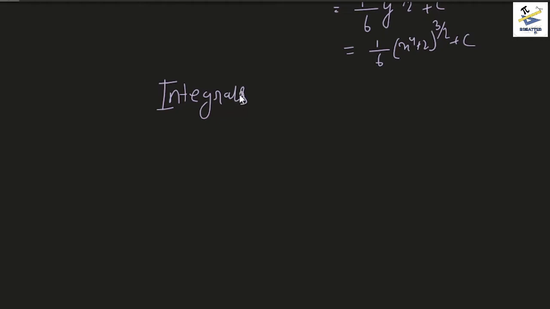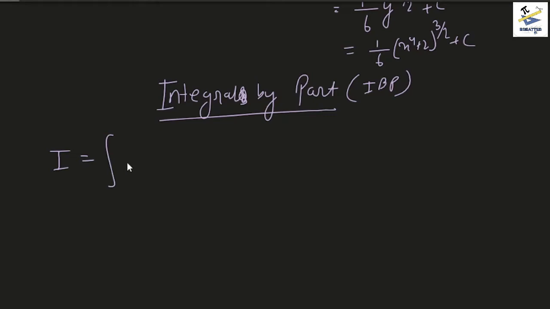So integration by parts, which is also known as IBP in short. As the name suggests, it is actually a rule to find integrals of the form where you have two functions, f(x) into g(x) dx.